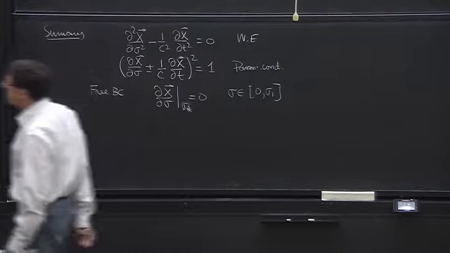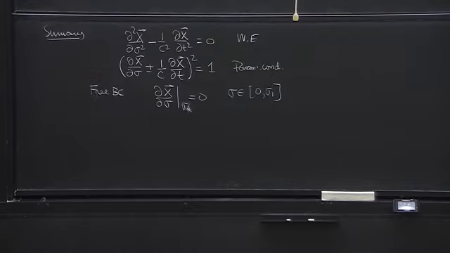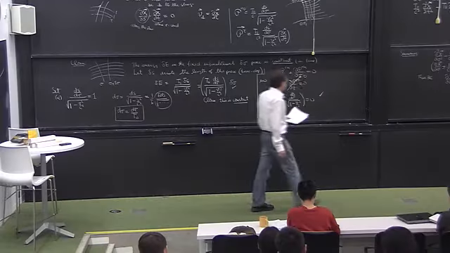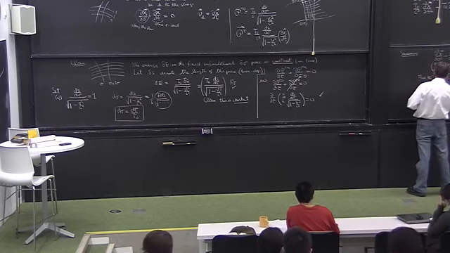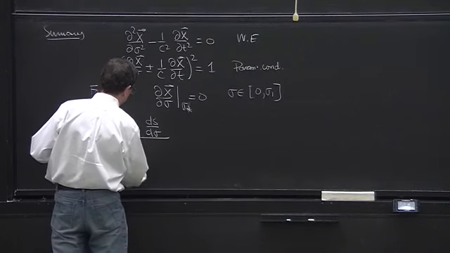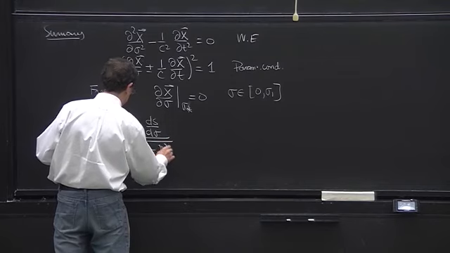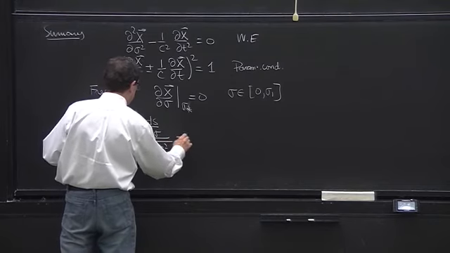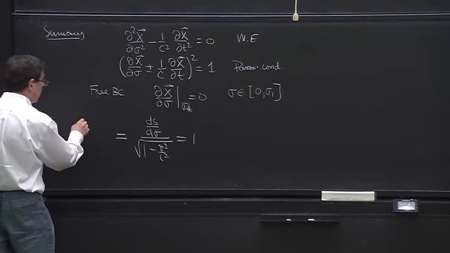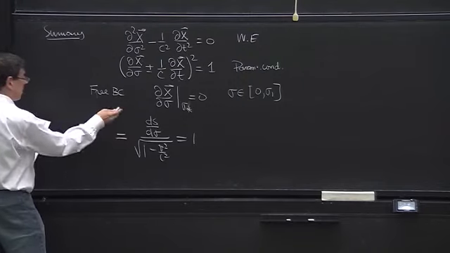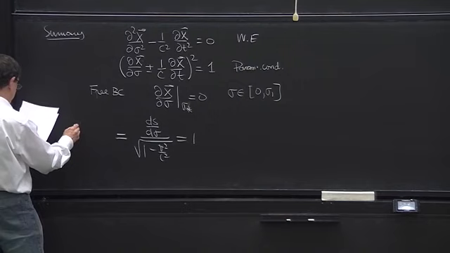Although I'm going to write something redundant here, I think it's convenient to keep this equation clear. So I will write it like this: ds d sigma over the square root of 1 minus v squared over c squared is equal to 1. But this is also equal to ds multiplied by t0 and divided by t0.